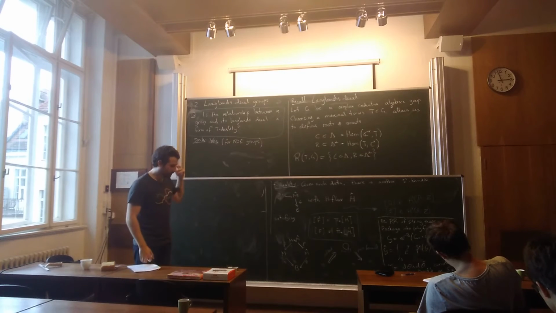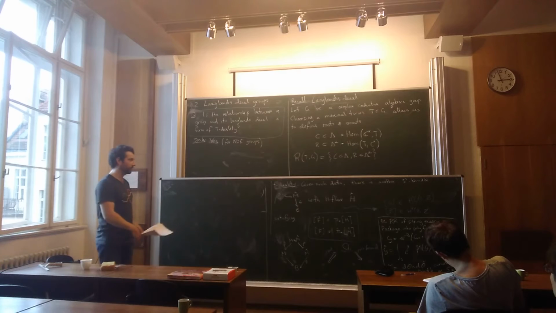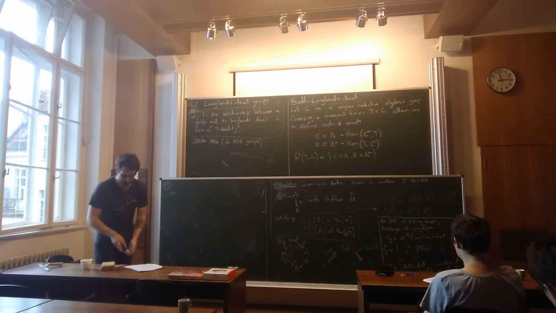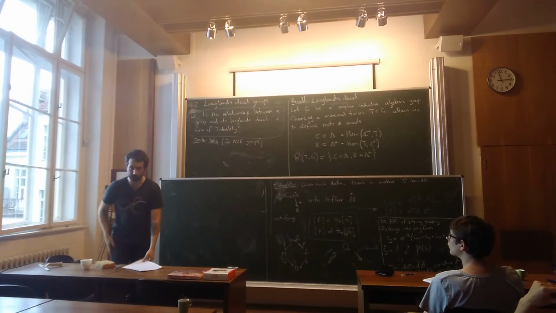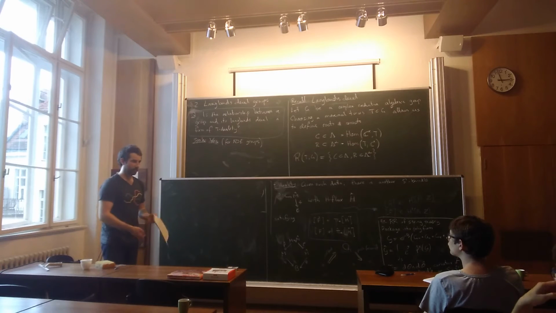Okay, well, with the root datum, there's a kind of natural symmetry that, if you're doing this, it just seems obvious that you could interchange the roles of the roots and the co-roots. Okay?